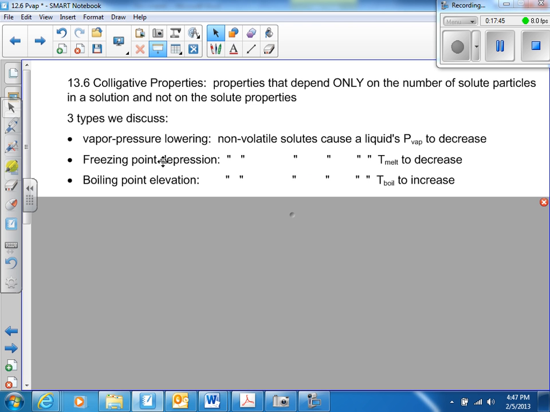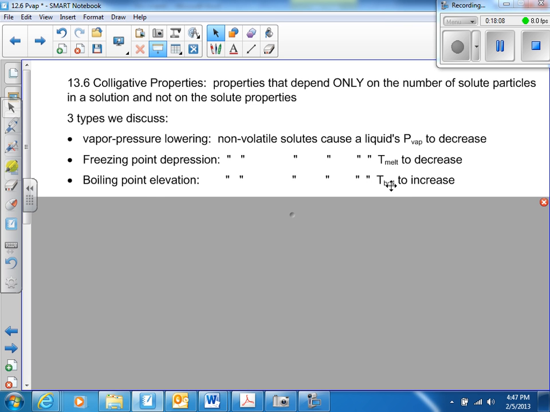This affects the freezing and the boiling point of those liquids. Causes the freezing point to decrease. Do you know freezing and melting are the same temperature? So when you see T melt or T freeze, same exact temperature. T boil or T condense, if you condense or you evaporate, happens at the same temperature.